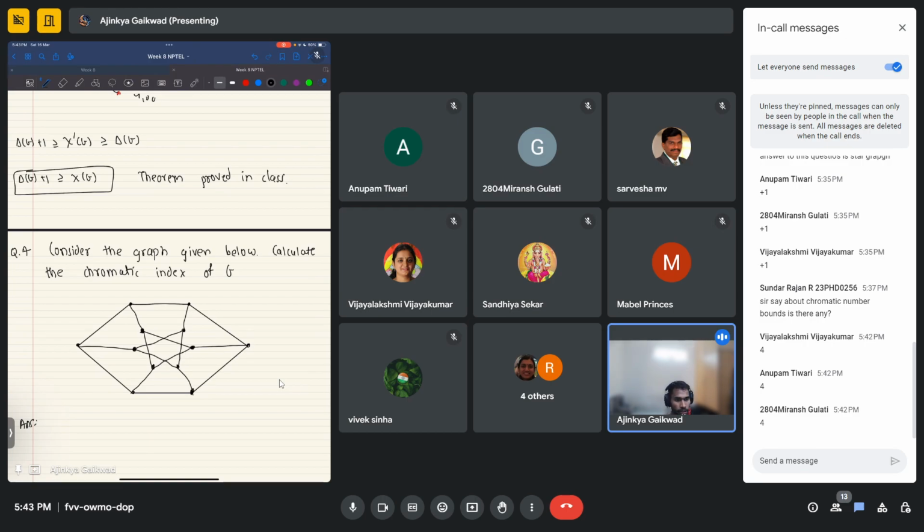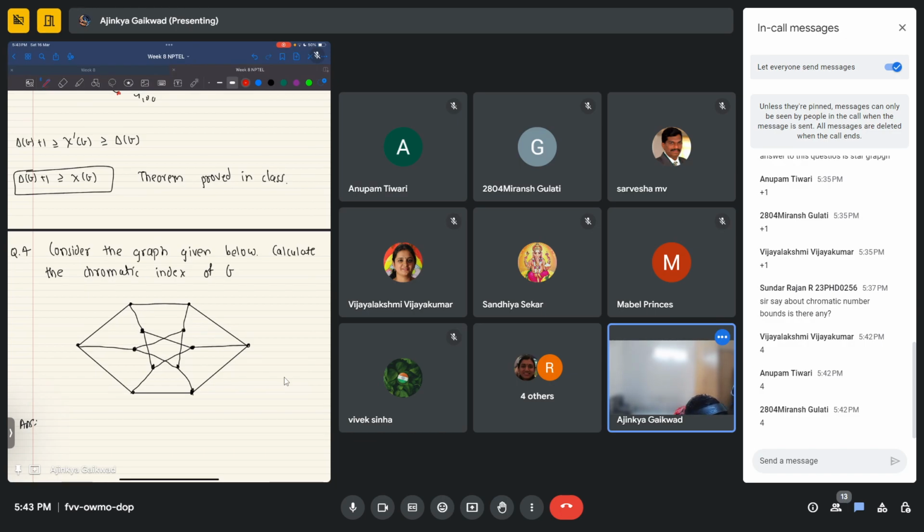Okay, I don't see any +1s, so I'm assuming everybody did it with 4 colors. But I think the answer is 3. So let me show you the coloring and then you will see that this is in fact possible. Let me color this as red, this as blue.